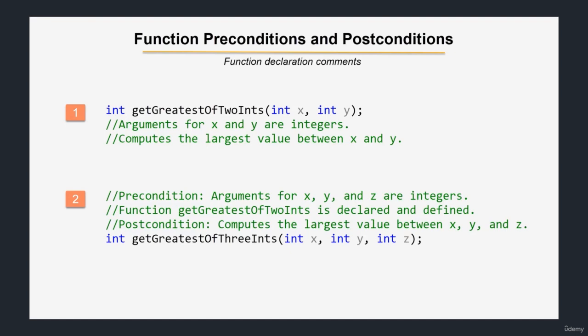Then a final question that you might have is, as you can see in the comment, I said arguments for x and y are integers. Well, that's great and everything, but what if I want this function to work with floats and integers and maybe strings or characters or whatever else I want to pass in here? Well, that's a bit more complicated. And Module 102 really is about flexibility. It's about how we can overload functions, where you use the same function name but the parameters are slightly different.